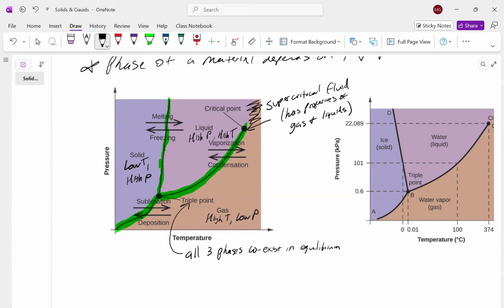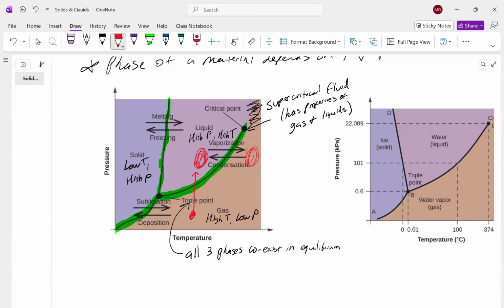Now, when we transition from one phase to another, we're describing some sort of, as I said, transition. So, for example, if we go from a gas, if we start over here and we just lower the temperature, so we keep pressure constant, we're going to condense that. Or we could say the same thing if we start here in the gas and we move this way, keep temperature constant, but increase the pressure.